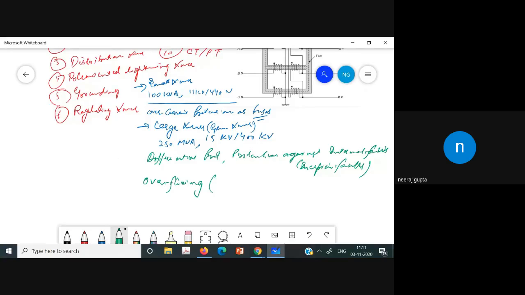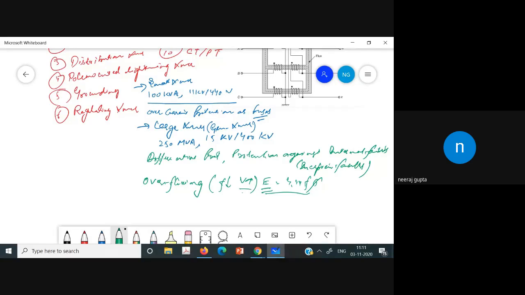The cause of overfluxing is either a reduction in the frequency or an increase in the voltage, as you know from the EMF equation. The EMF equation is given by 4.44 f phi. So from this you can say that the flux is directly proportional to the voltage.